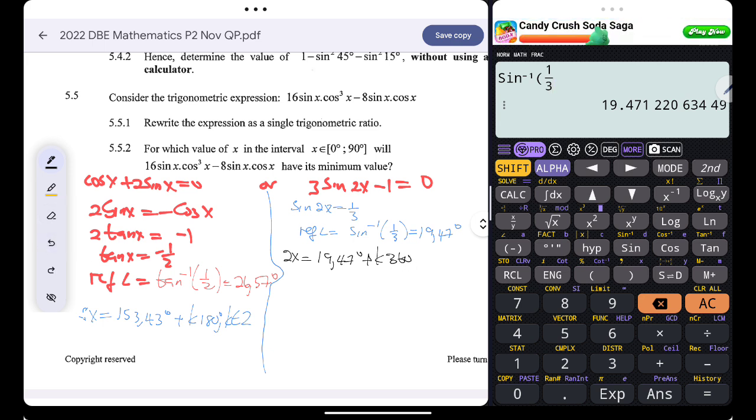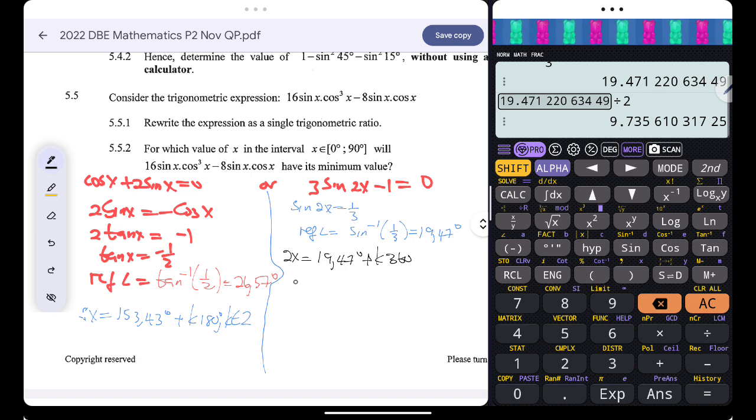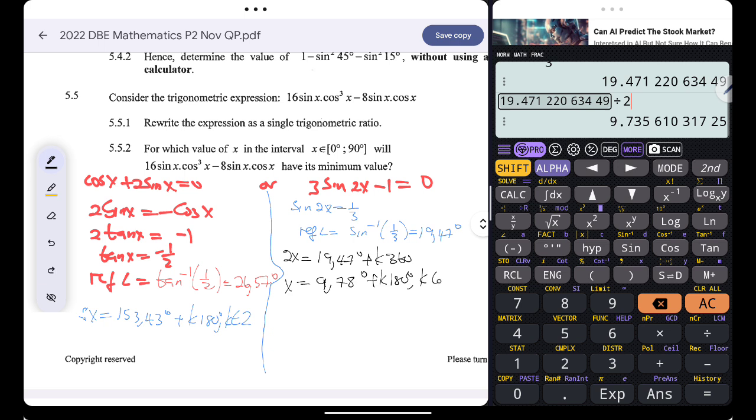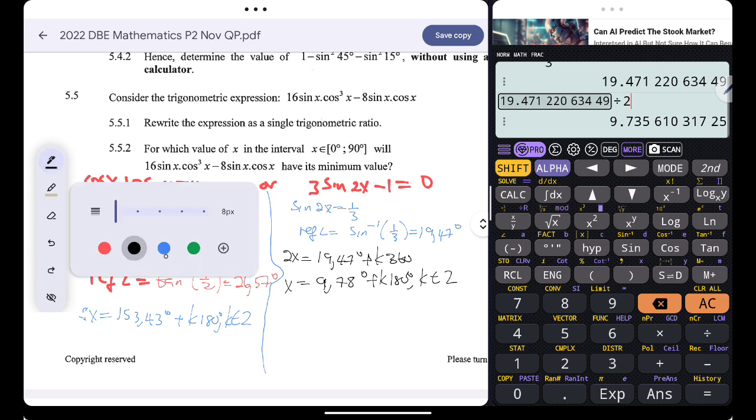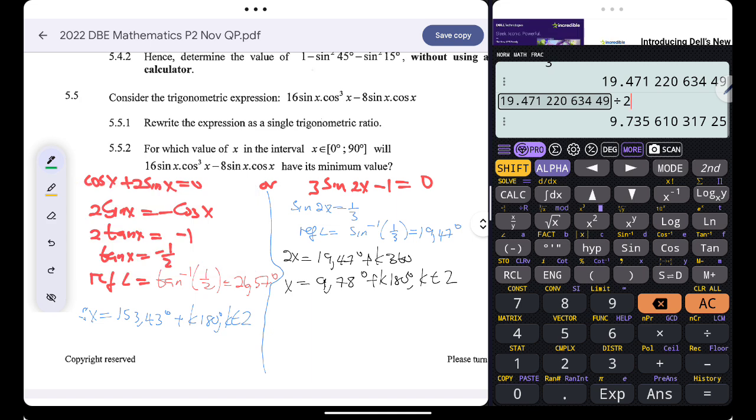So whenever I divide both sides by 2, I'll have x is equal to 9.78 degrees plus k 180, where k is an integer. And therefore, in the second quadrant, how can I express my angle?